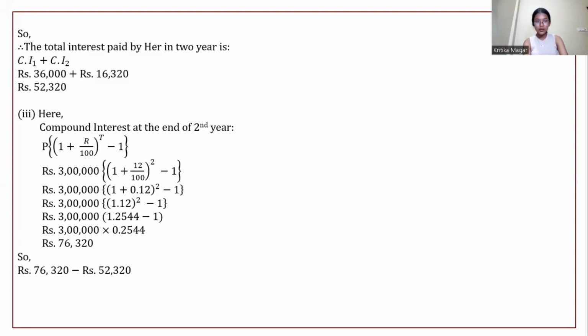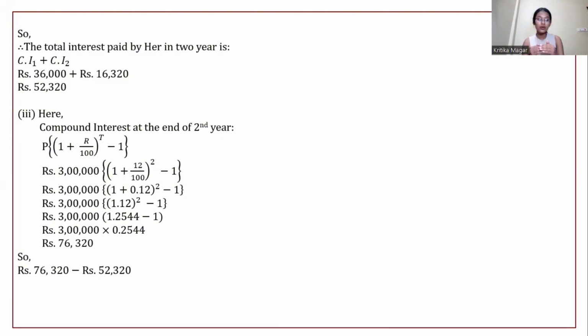So this rupees 76,320 is her compound interest at the end of 2 years, and we have to subtract from it the total interest that was paid by her in 2 years.